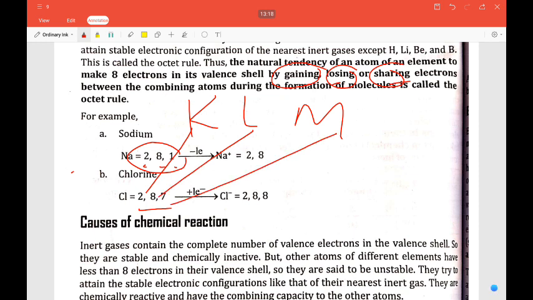Students, how can an atom be stable? Either by having 2 electrons or 8 electrons in its outer shell. That's why sodium loses this 1 electron, and it is left with only 2 and 8 electrons in its shells.